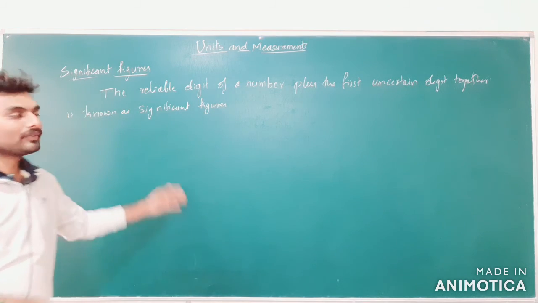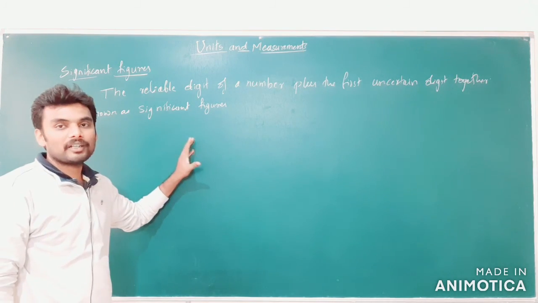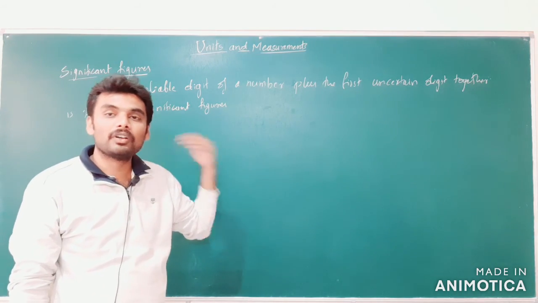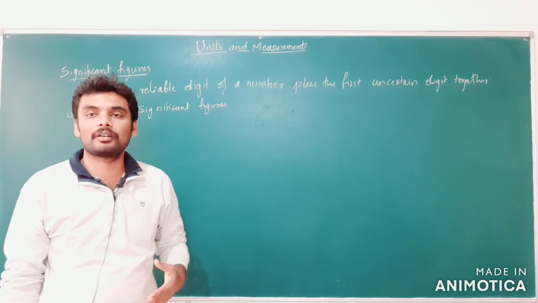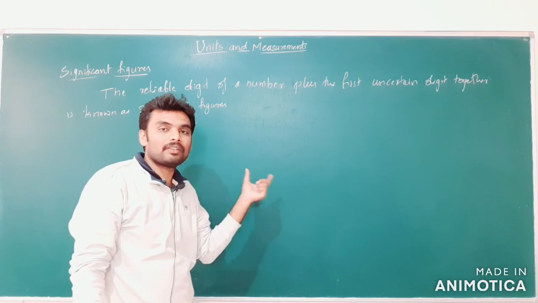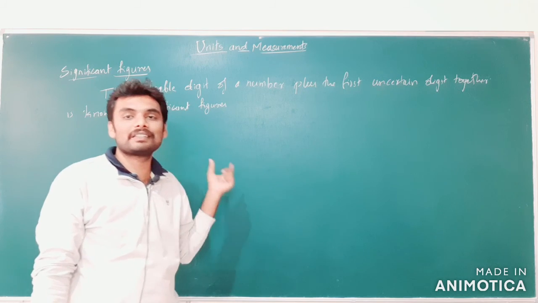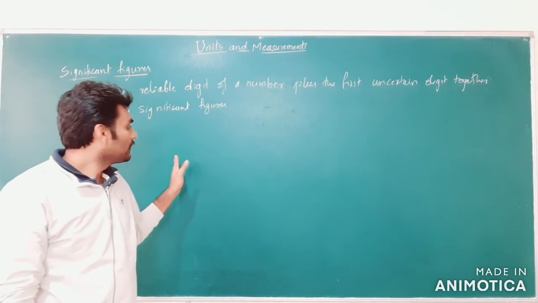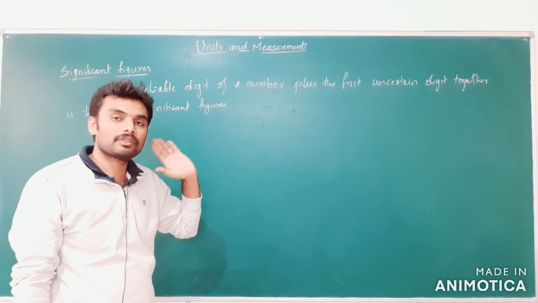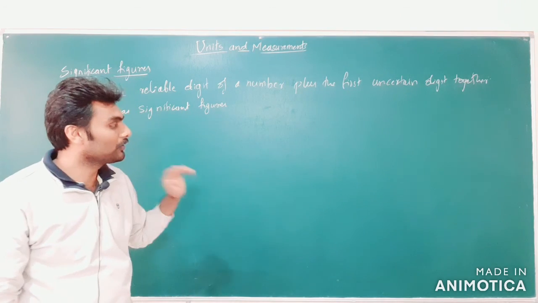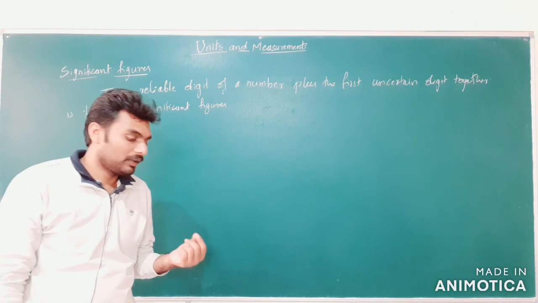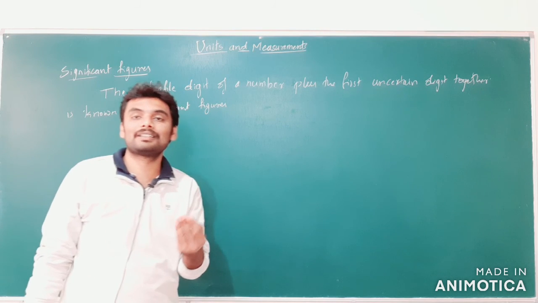So when we have the value of a certain measurement, obviously not all the numbers in that value are important for us. As you just saw, we need to restrict ourselves to a certain number of digits. Like this 3.3333, where should we stop? Among that 3.3333, we will see the first uncertain digit.